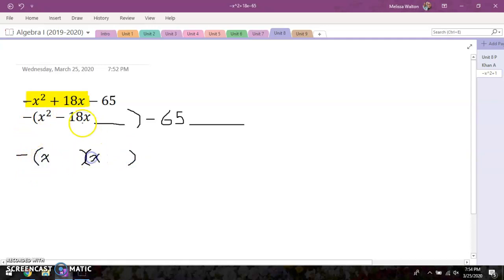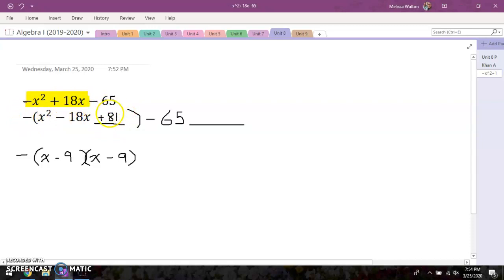And this problem becomes the exact same as before. First things first, I need to split up my negative 18 in half. This becomes a negative 9 and a negative 9. If I were to multiply these together, negative 9 times negative 9 is positive 81. But I want to be careful here. It's going to be really tempting to say, oh yeah, plus 81 minus 81. But that is not the case in this problem. Take a look. This is positive 81 right here, however we still have that negative on the outside.